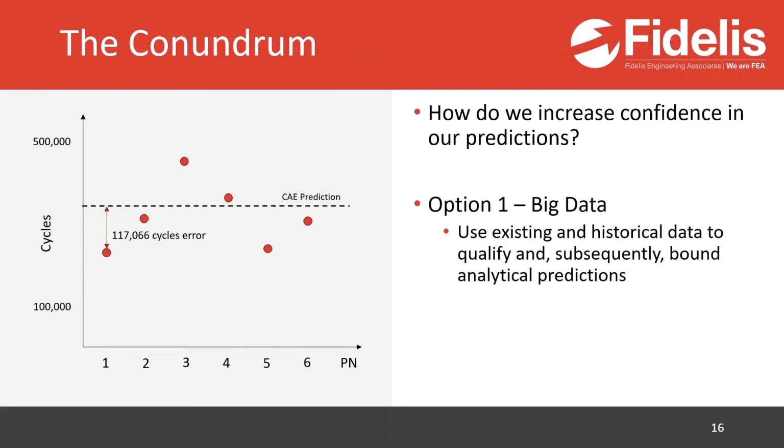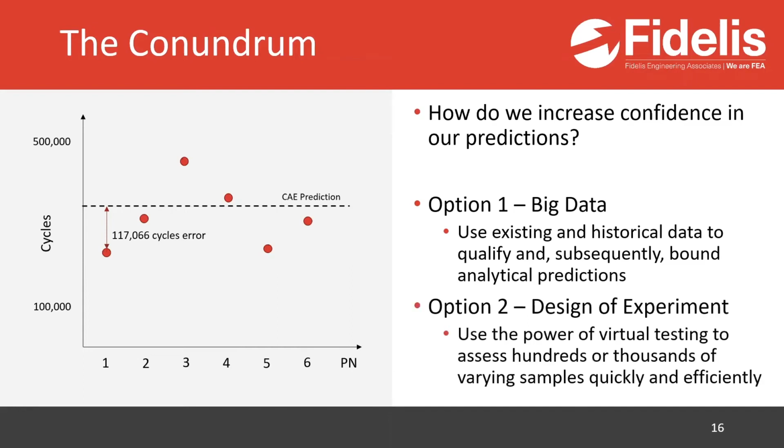And this is what we came up with during the program. Number 1, we can use big data. So we can use existing historical data to qualify and then subsequently bound our analytical predictions. Secondly, we can use design of experiment type methodologies, use the power of virtual testing to assess hundreds or even thousands of different samples very quickly and very easily.